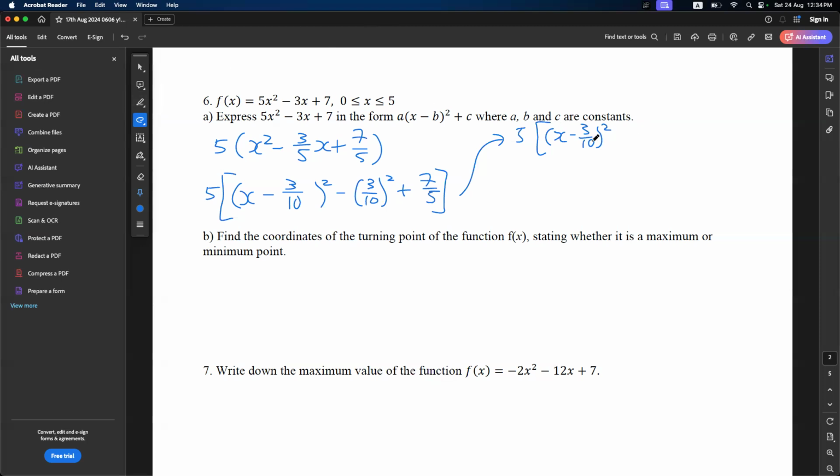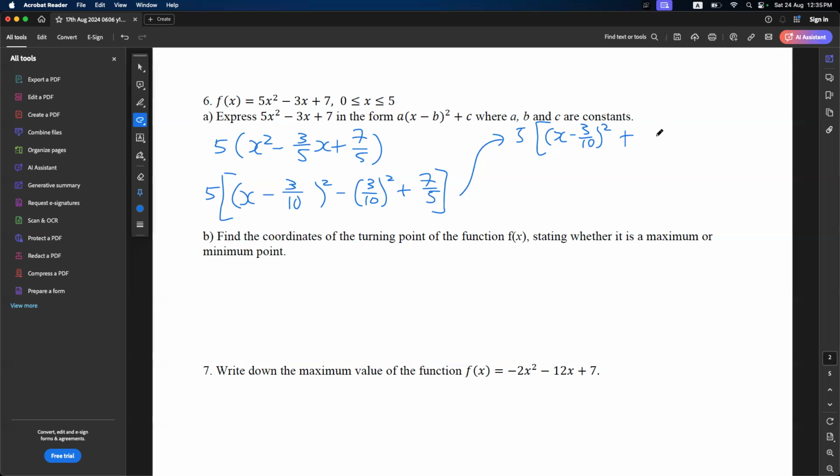Anyway, from here, then type this into the calculator. 9 over 100 plus 7 over 5. You should get like... is it 111 over 100? Wait, type it into the calculator.